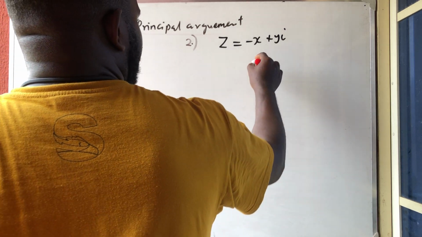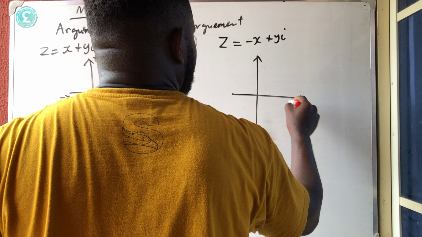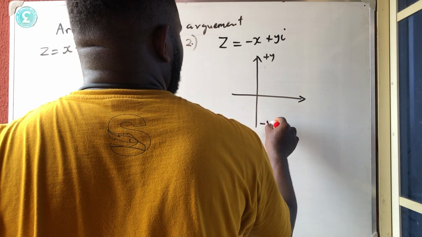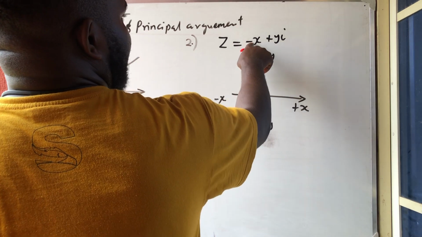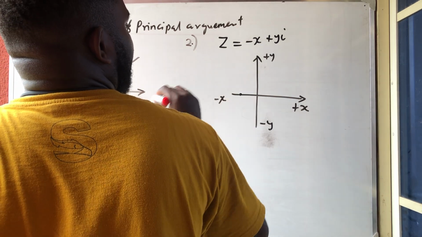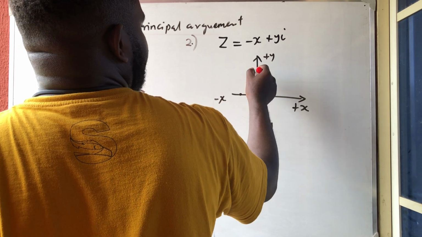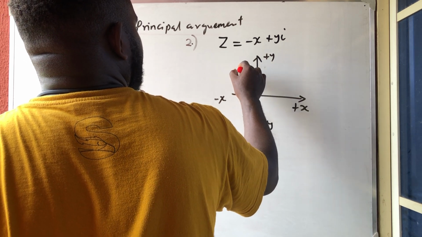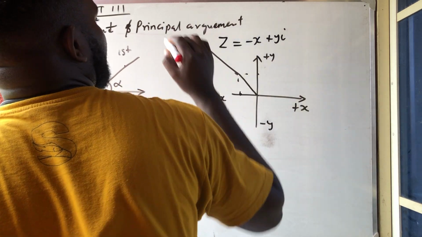Look at this now. This is my plus y, minus y, plus x, minus x. Now this is minus x, it will fall around this side, and this is plus y, it will fall here. So if you trace this and trace this, they meet here.